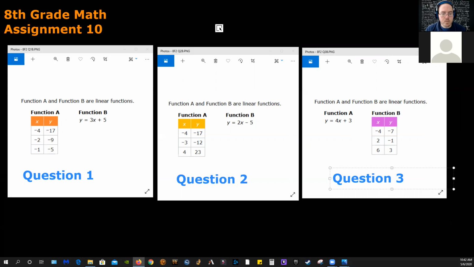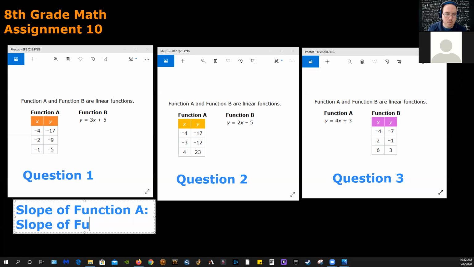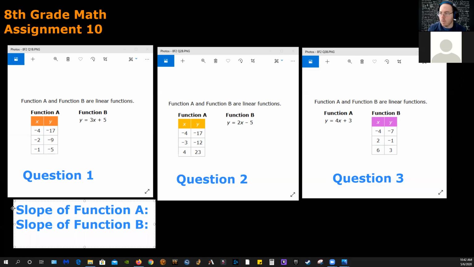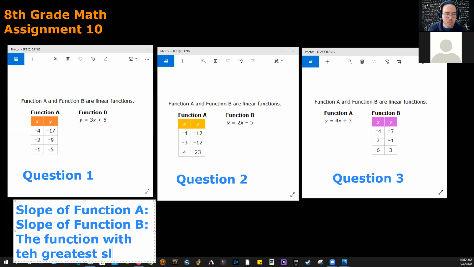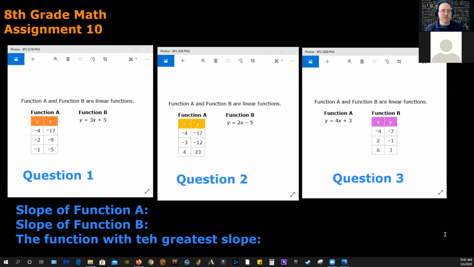So on the document, you are told to do a few things. It says, give me the slope of function A, give the slope of function B, and then the function with the greatest slope.